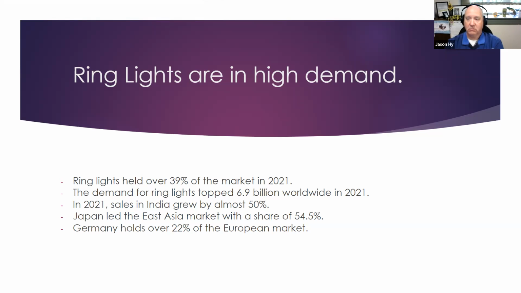I don't foresee it changing, especially with us telecommuting probably in the near future for a little while in some aspect, or if people continue their YouTube channels or their vlogs or their podcasts, they're going to be using these ring lights for many years in their house. In 2021, sales in India grew by almost 50% as opposed to the year before when COVID was still going on. Japan led the East Asia market with a share of 54.5%. Absolutely huge. And even in Europe, Germany holds a 22% share of the European market.